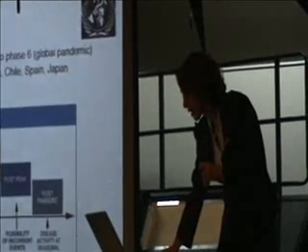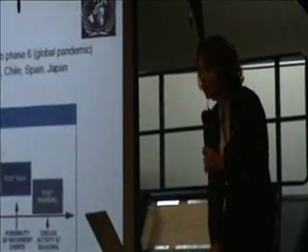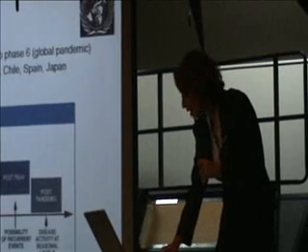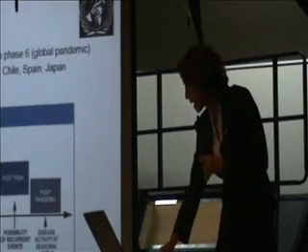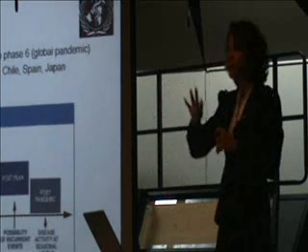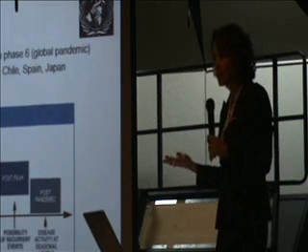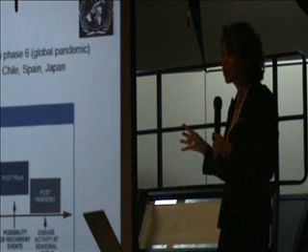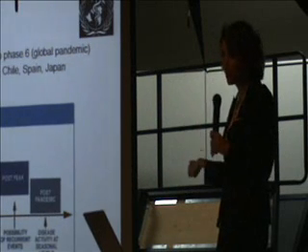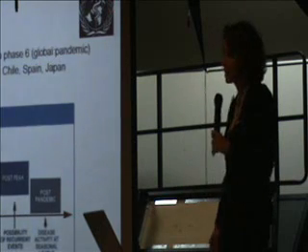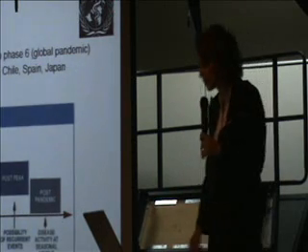Phase 4 is when you have sustained human-to-human transmission. Phase 5 is when you have widespread human transmission. The difference between phase 5 and phase 6 is that phase 6 is when it spreads to more than 2 continents. Because H1N1 spread to more than 2 continents, it was labeled as a phase 6 level pandemic.